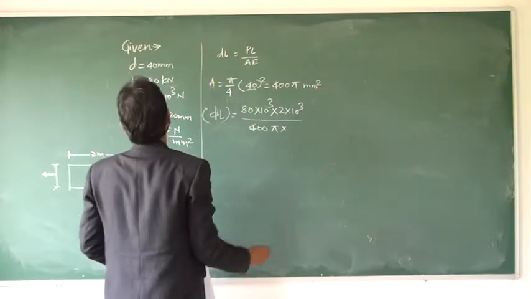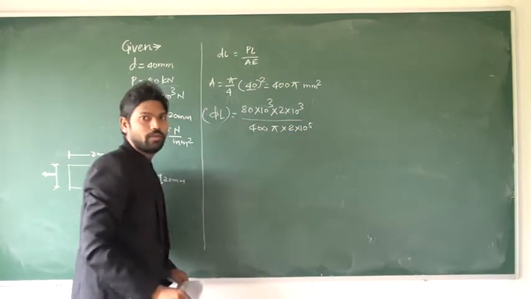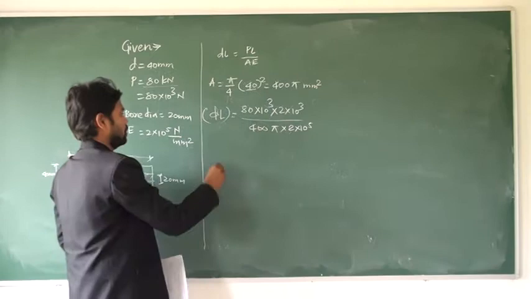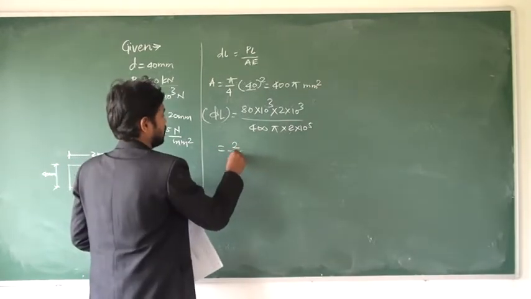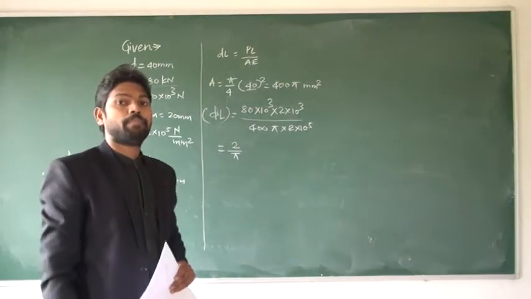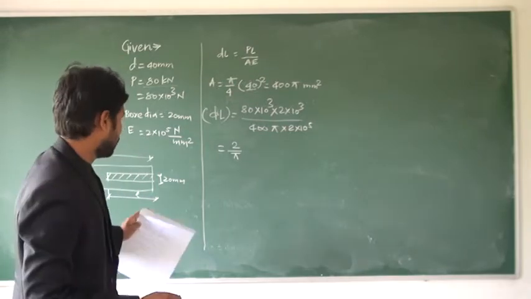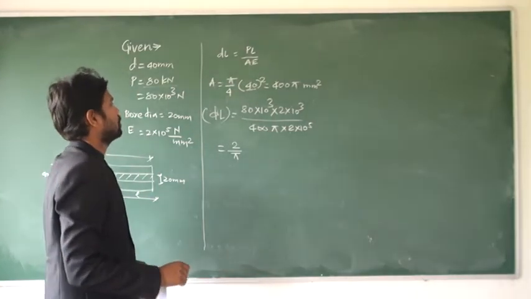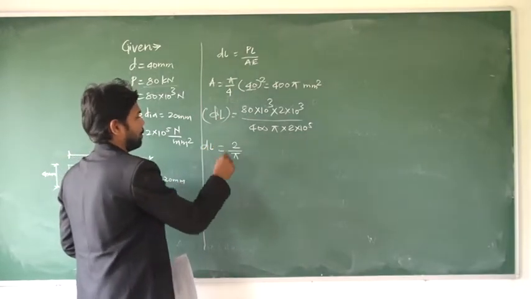E value is 2 into 10 raised to 5. If you calculate this, you will get 2 divided by pi. So when the bore was not there, the extension in the rod was 2 divided by pi.